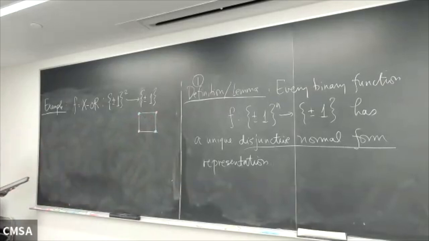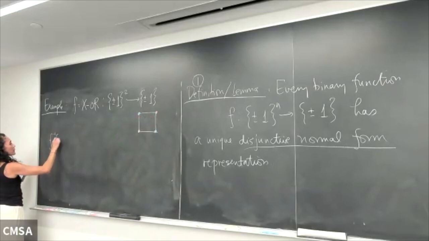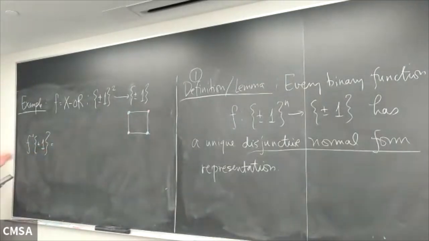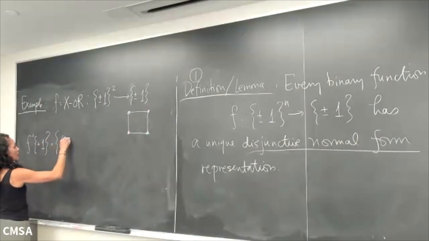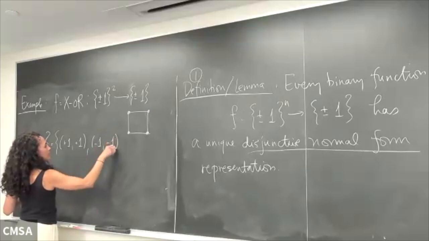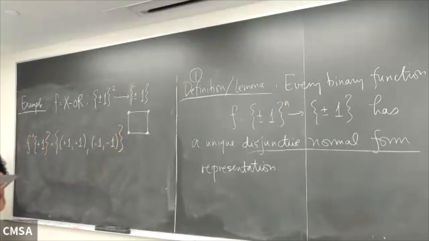But you can write XOR in disjunctive normal form. If you look at the preimage of +1, this is just the set +1 +1, -1 -1, the coordinates of the pink dots.